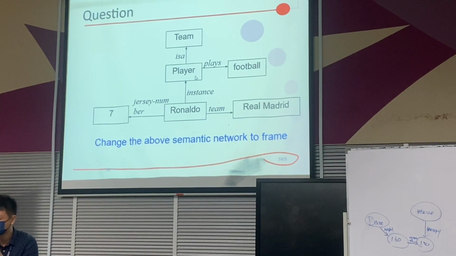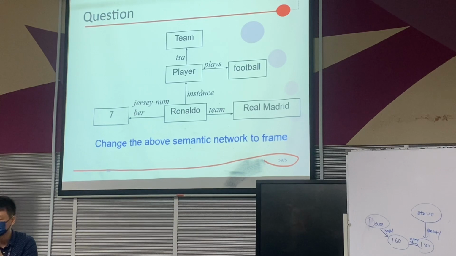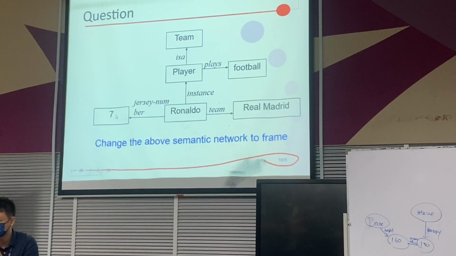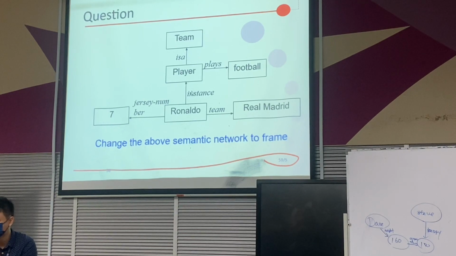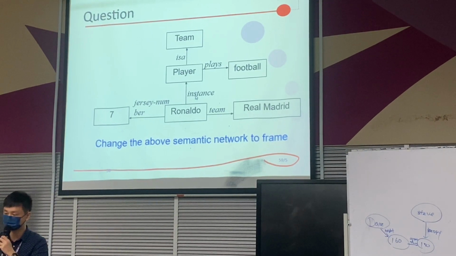You have to identify how many concepts are joined with the keyword is or instance. In this map you have 3 concepts: team, player, and Ronaldo. They are connected with is and instance, so we know that they are 3 frames.